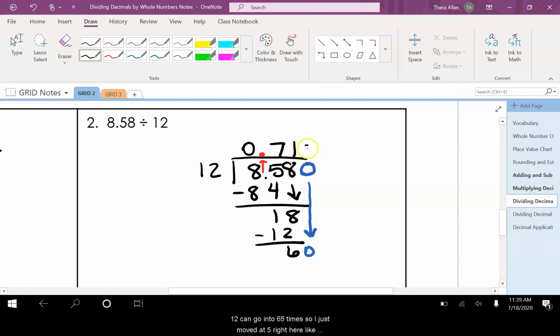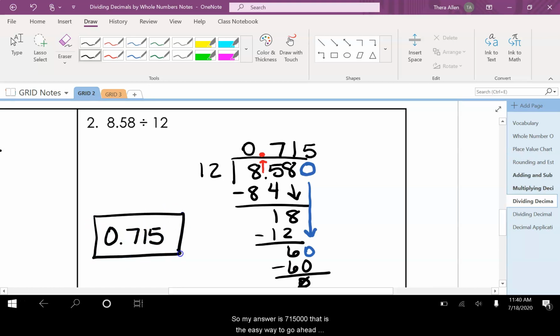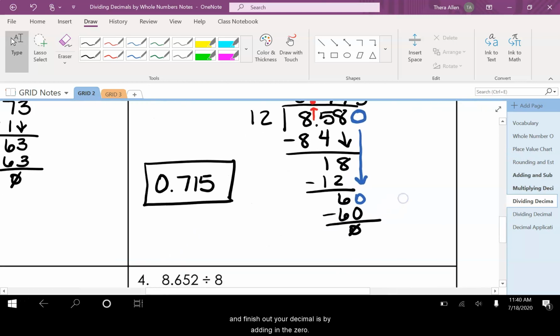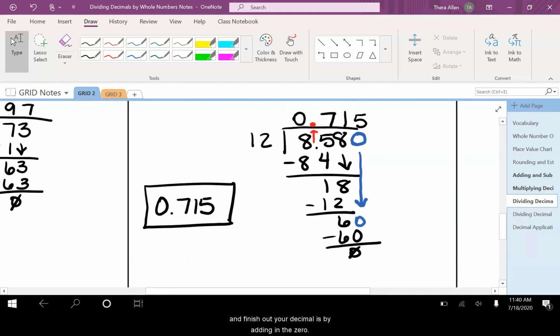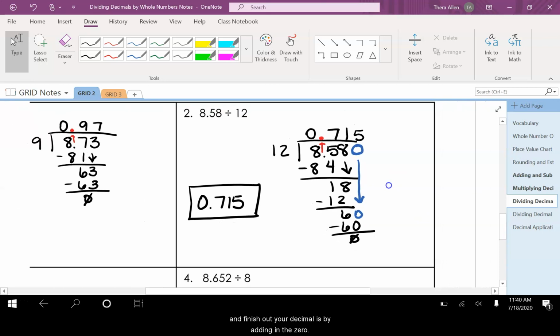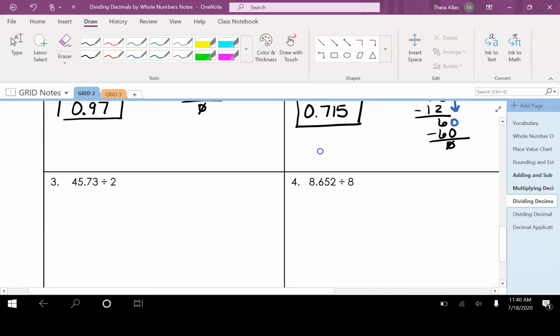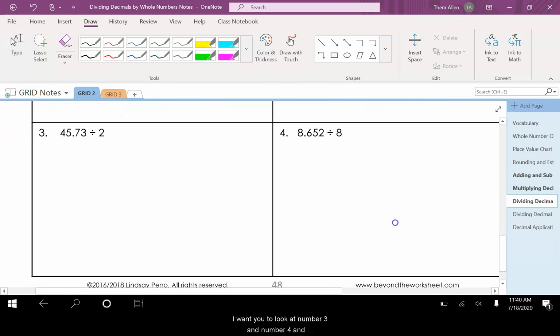So I just move that 5 right here like I would normally. 5 times 12 is 60. I subtract and I'm left with 0. So my answer is 715 thousandths. That is the easy way to go ahead and finish out your decimal, by adding in the 0. I want you to look at number 3 and number 4 and complete those on your own.